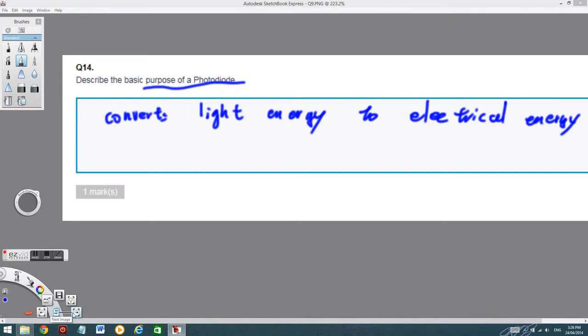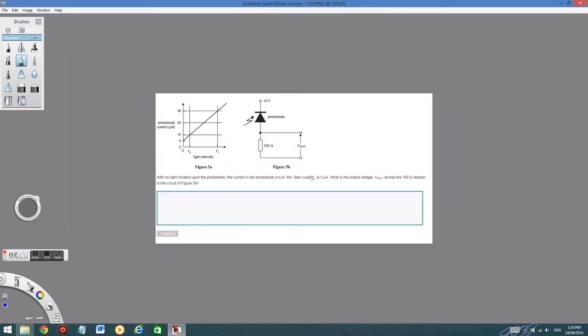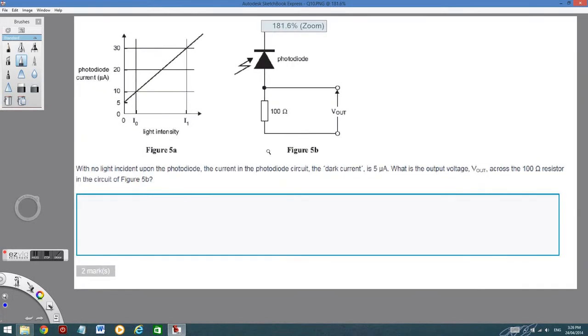Now look at the next one. Here is a little bit complex one. Now we have a graph of the photodiode. The vertical axis is the current, the horizontal axis is the light intensity. And the circuit should really look like this.